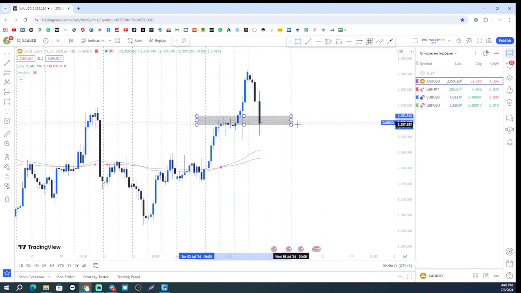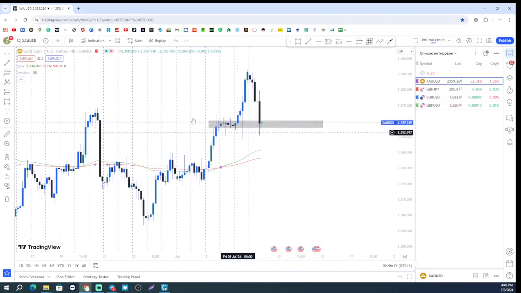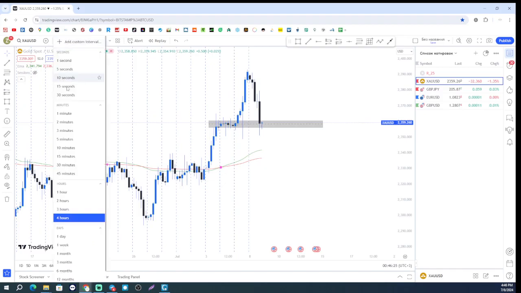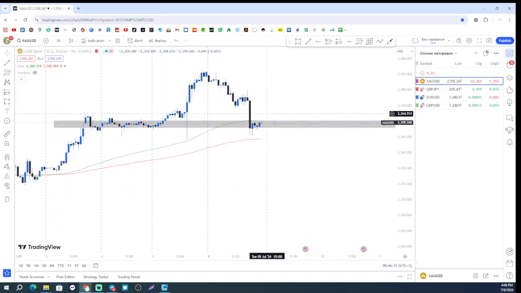Right now we're sitting at this zone, you can consider this one, and it gave a small rejection, and here it's kind of trying to make some bullish momentum kicking in, but we will see tomorrow in the London session and all this stuff. It kind of started breaking, giving some evidence.